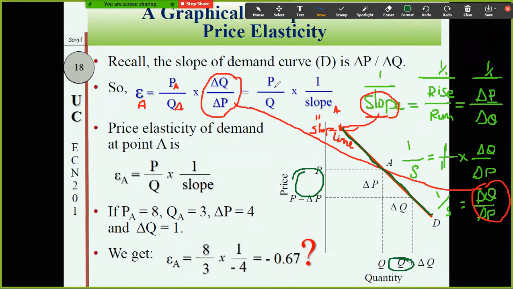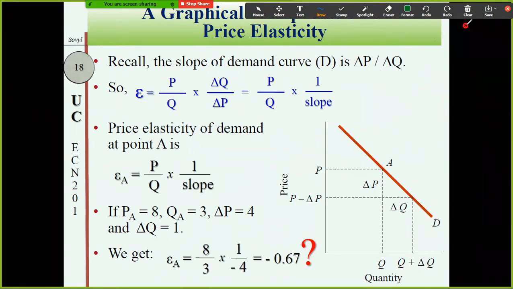So again, based on the formula, I can see that epsilon at point A equals PA divided by QA times 1 over the slope at point A. But the slope at point A normally equals the slope of the line, and the line here is a demand curve.